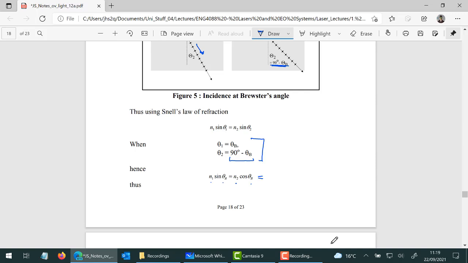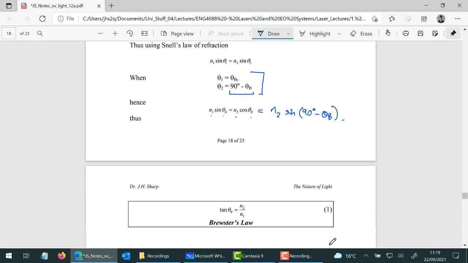Why is it cos theta b? Because we've got N2 sine of 90 degrees minus theta b. Yeah?